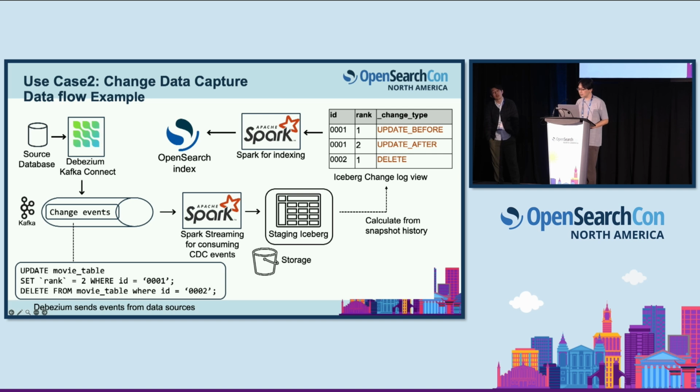Then another Spark job above reads from this staging table and reflects the changes to OpenSearch. The key point is that Iceberg provides a changelog view, which tells us exactly what happened at the record level. So this second Spark job can easily identify what needs to be updated or deleted in the index.